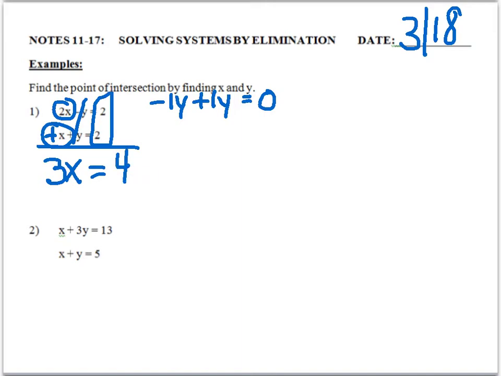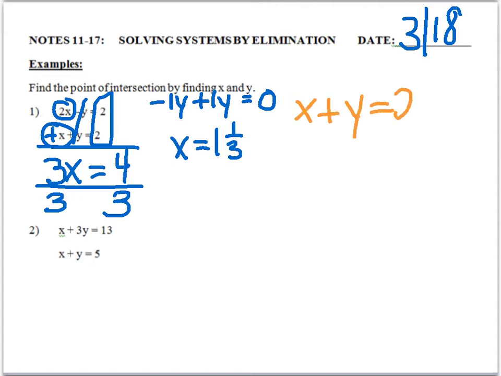In order to solve this equation, all I have to do is divide both sides by 3, and x is equal to 1 1/3. In order for me to find the y coordinate, I need to take either one of those original equations and plug my 1 1/3 back in for x. So I'm going to use x plus y equals 2.